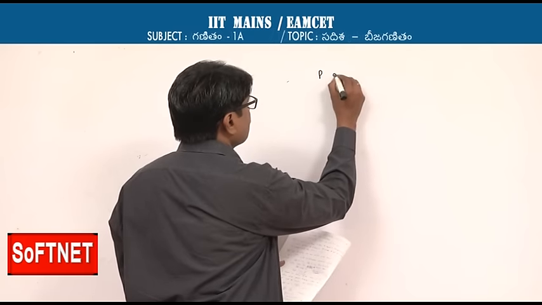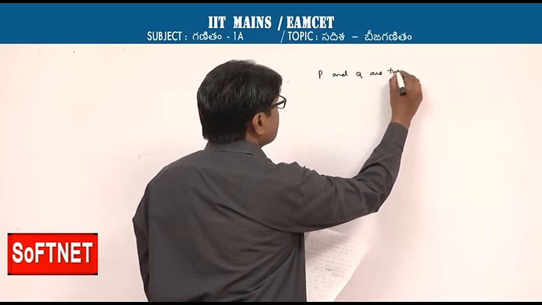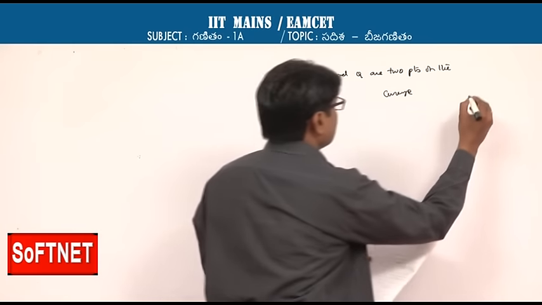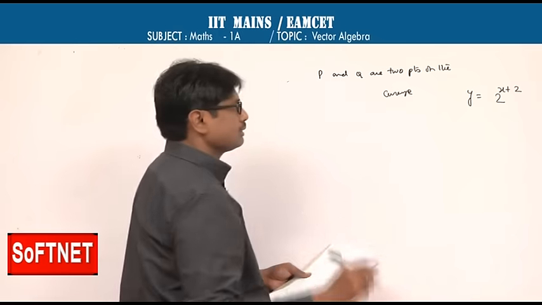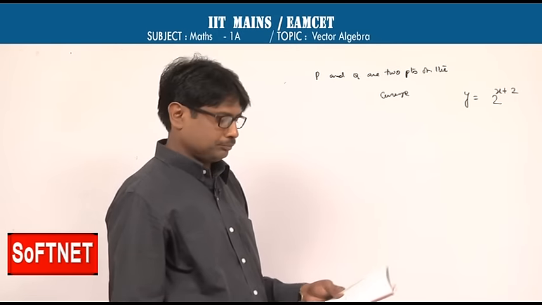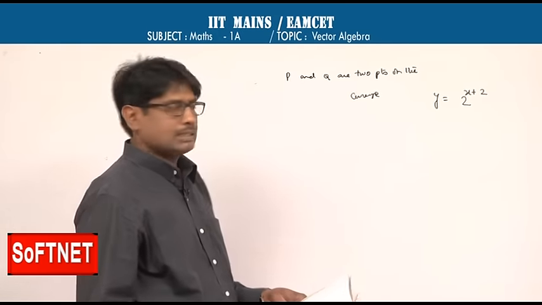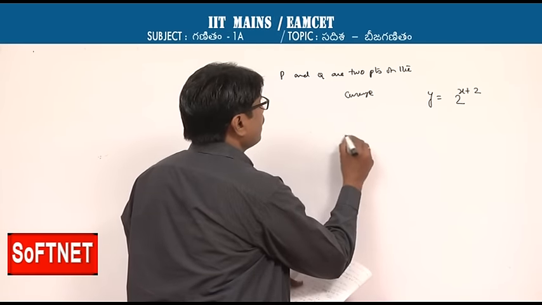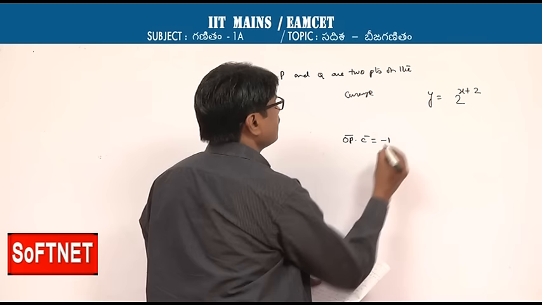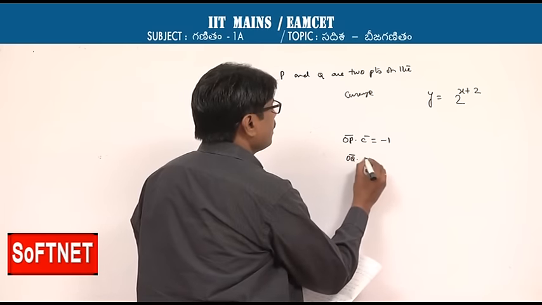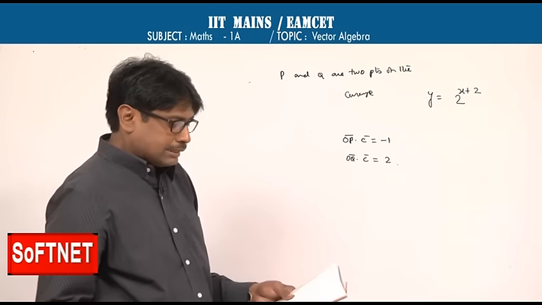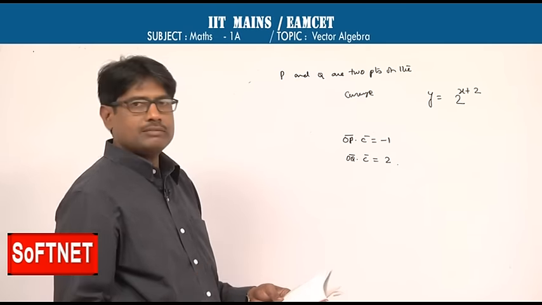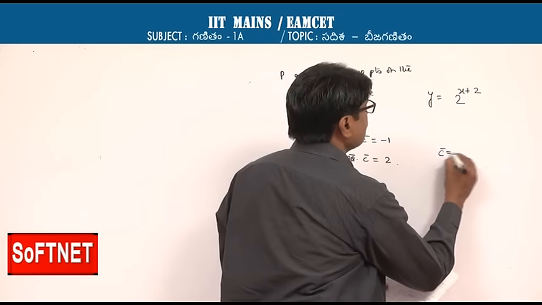Okay, given that P and Q are 2 points on the curve y is equal to 2 to the power of x plus 2 in the rectangular Cartesian system, take only the xy plane, such that OP bar dot C bar is equal to minus 1, first condition, OQ bar dot C bar is equal to minus 2, second condition, and C bar is a unit vector along the direction of the x-axis, that is, C bar is equal to I bar.